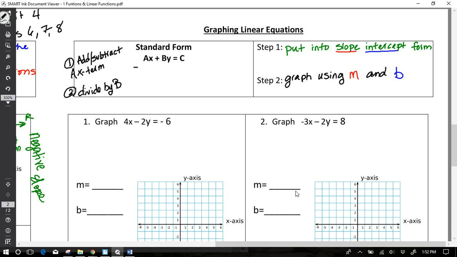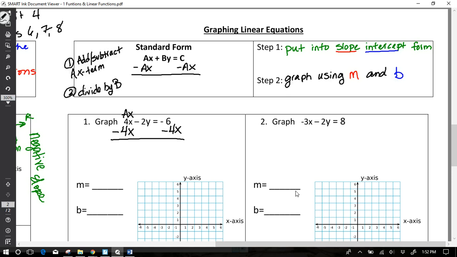So I would subtract ax from both sides. How would that look in example number 1? Where is the ax term in example number 1? That's just ax right there. So it's a positive 4x, so I would subtract 4x from both sides.